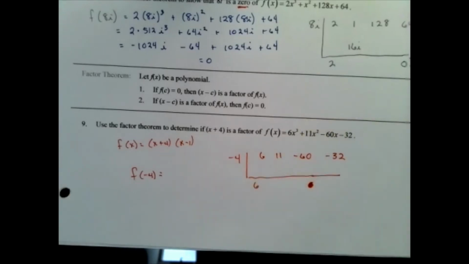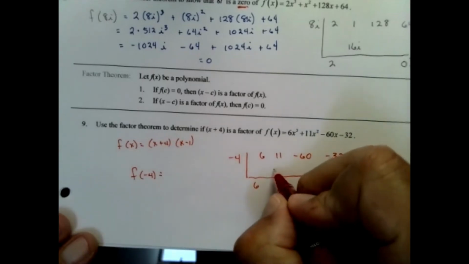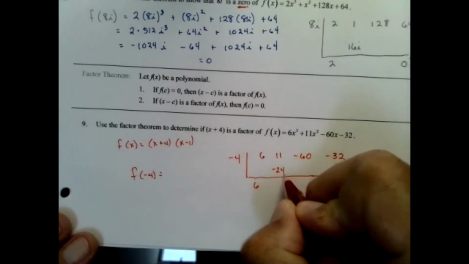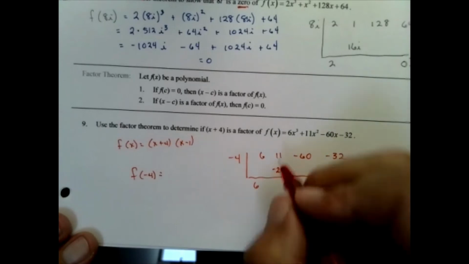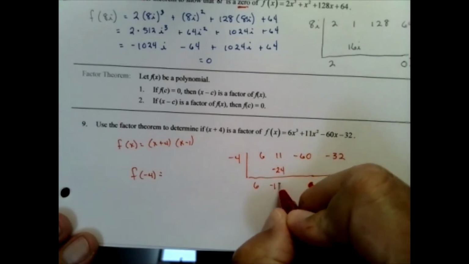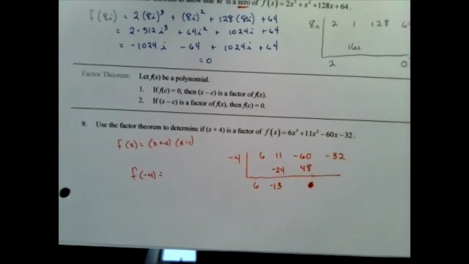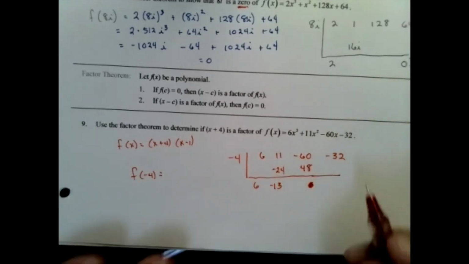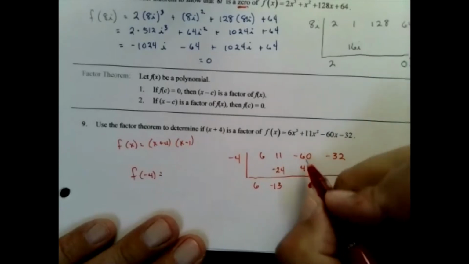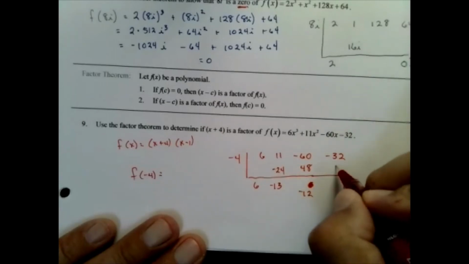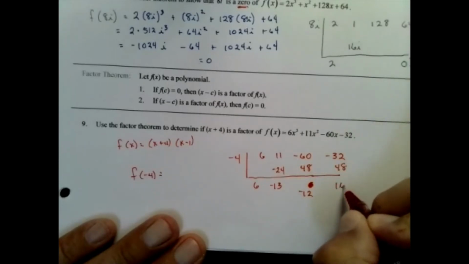Bring down the 6. A lot of people mess that part up. They try to multiply right away. You don't have to. Multiply by -4, -24. Multiply, then add. Then multiply, then add. I get -12, then multiply and add.